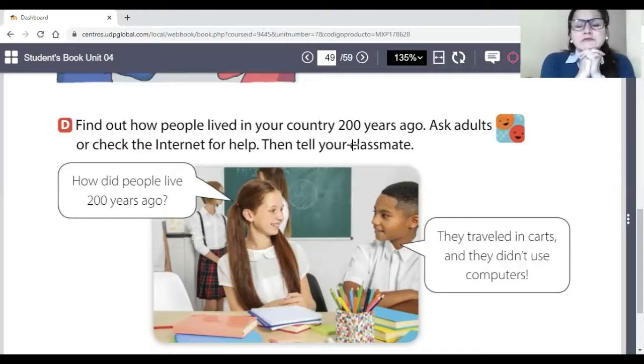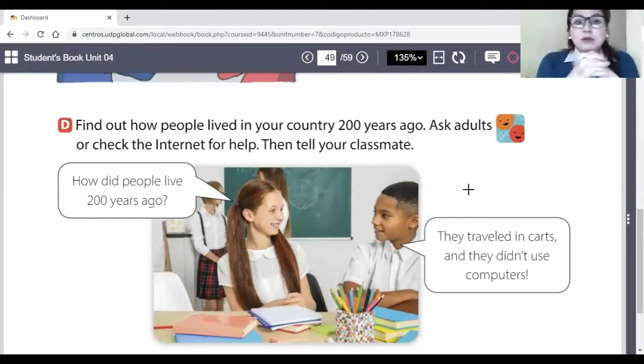Like the 18th century, right? Como 1800, ¿sí? Cómo vivían las personas en 1800, okay? Try to look for some pictures or try to read about that, okay? Trata de leer eso, trata de buscar esa información porque la vamos a comentar en la clase. No la escribas, solo investiga, okay?